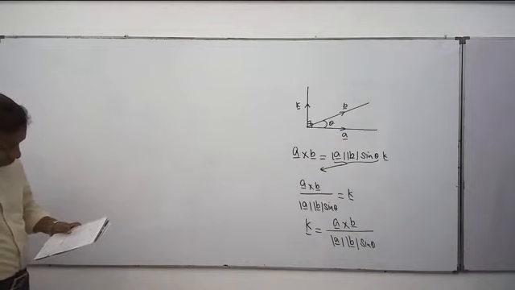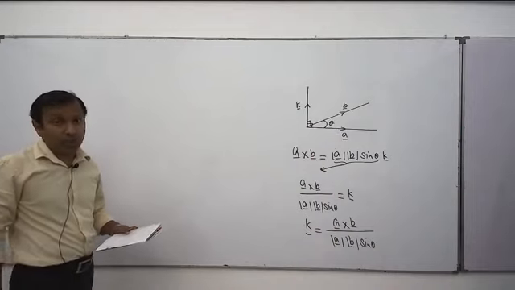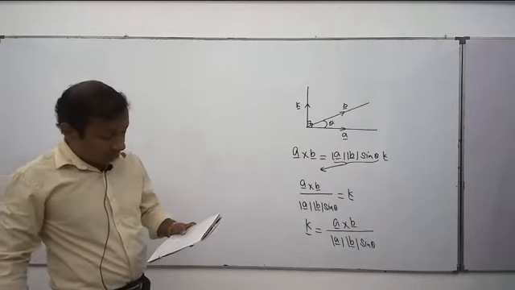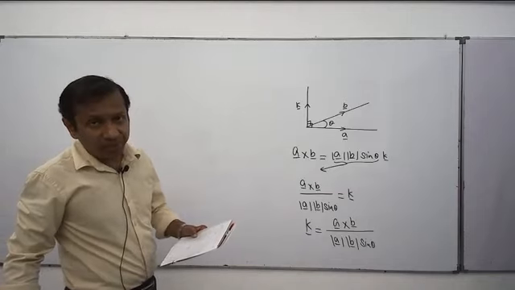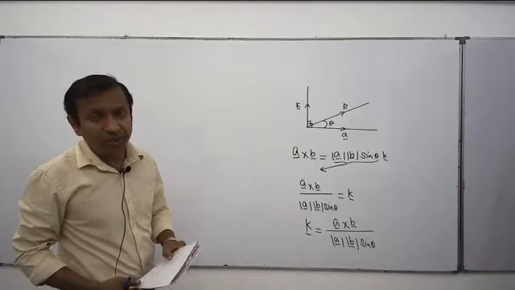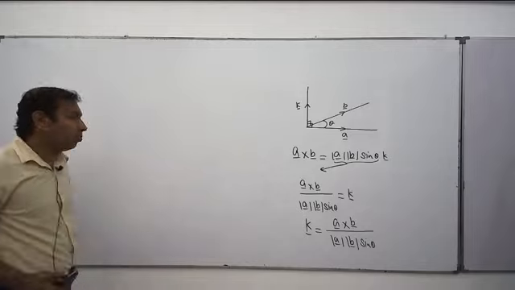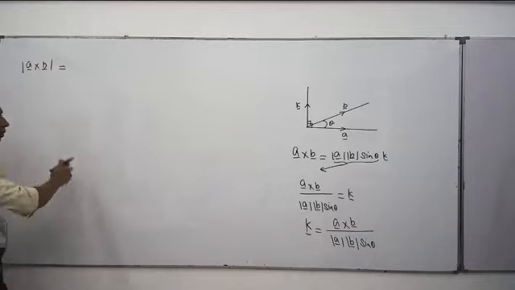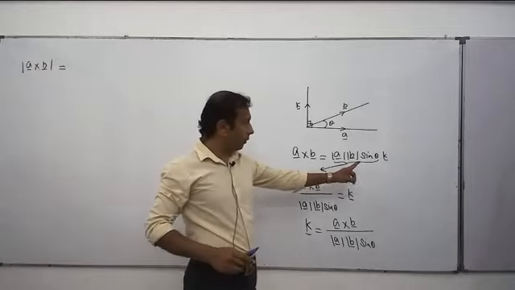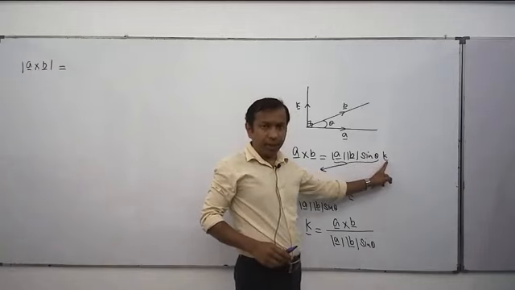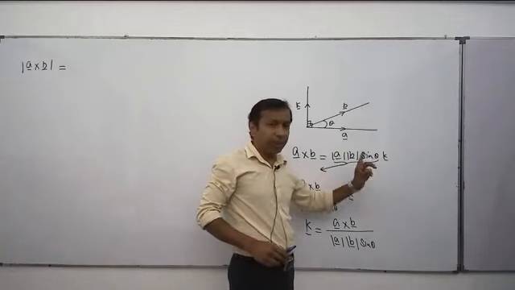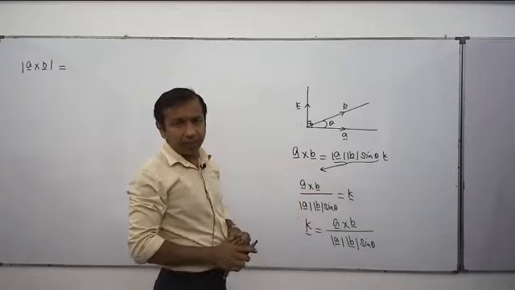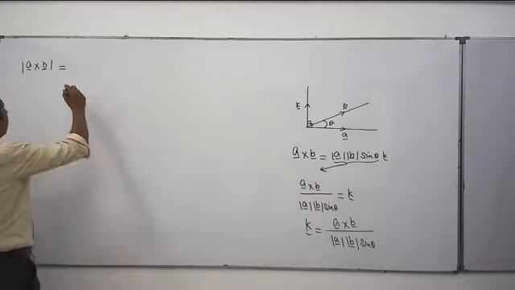We will show also that A cross B modulus squared plus A dot B squared is equal to mod A squared mod B squared. People, A cross B modulus means what? A cross B modulus means except the unit vector part, the rest, mod A mod B sin theta, is the A cross B modulus.